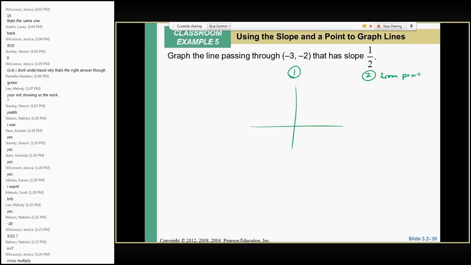So you would go to -3, -2, there's your point. And slope of 1/2 means to go up 1, right 2. So you go up 1, right 2. There's your next point. And I probably am a little bit off. But that's all you would do in your homework.